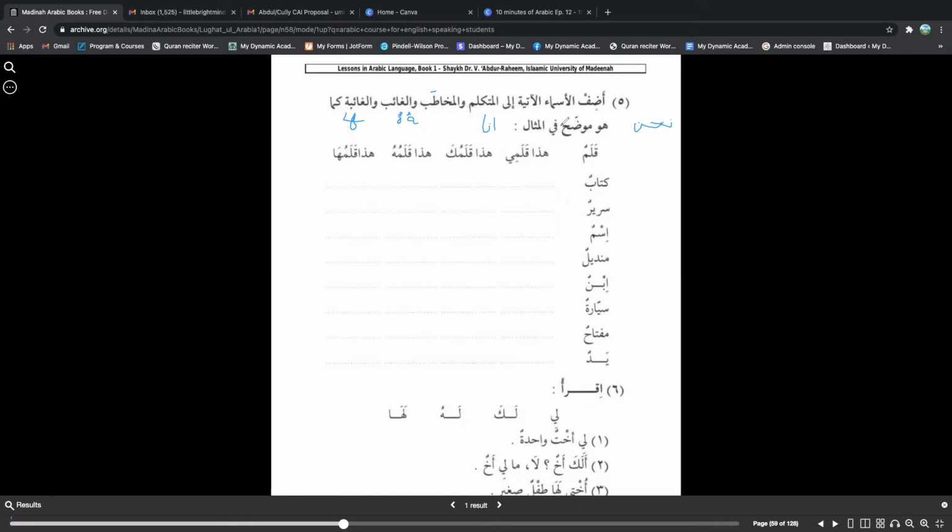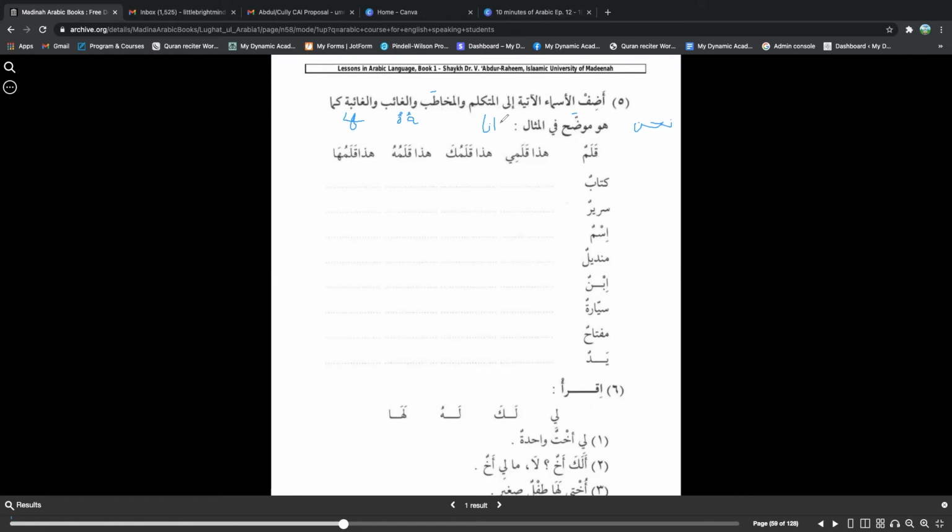يعني it's made واضح. So وضح يوضح is to clarify, explain, make something clear. So موضح is a مفعول, so it's clarified, explained. في المثال, in the example. So here we have قلم, a pen, and now we're going to go through it.